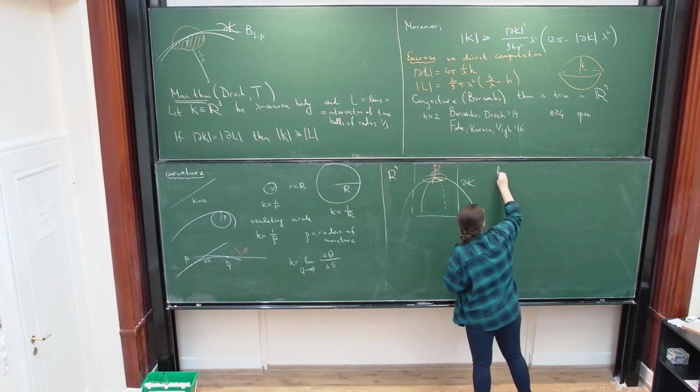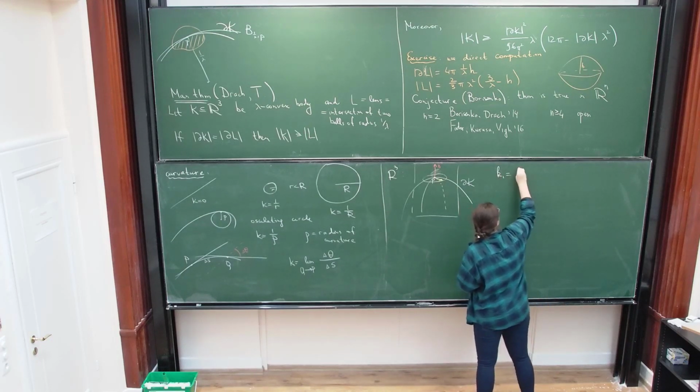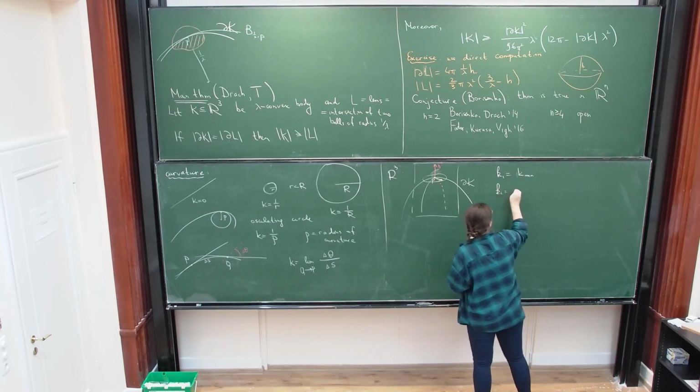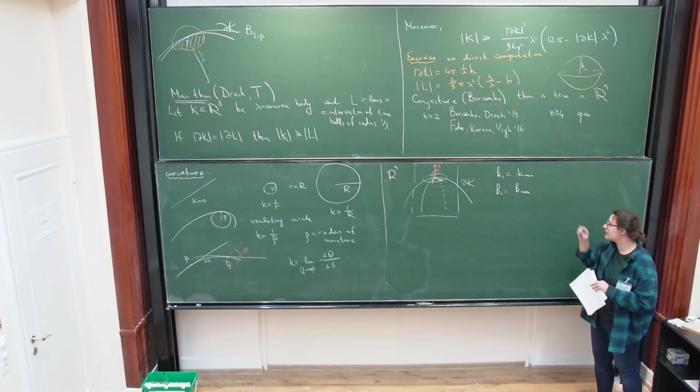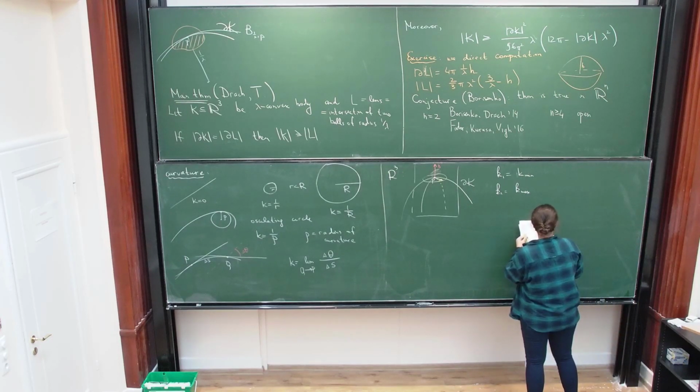So let me say that K1, I'm going to denote the smallest curvature, and K2, I'm going to denote the maximum curvature among all such.